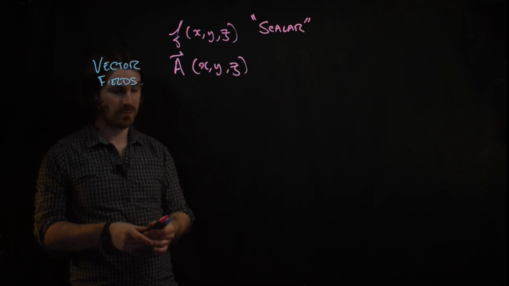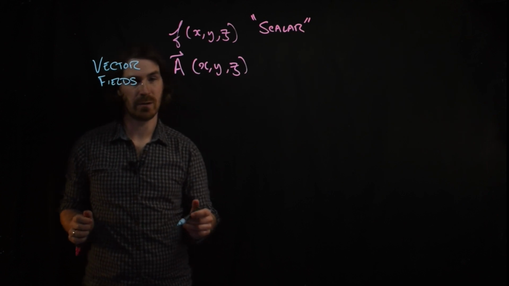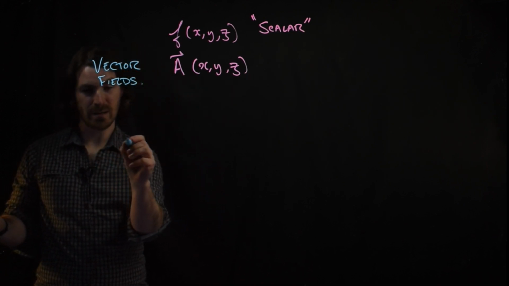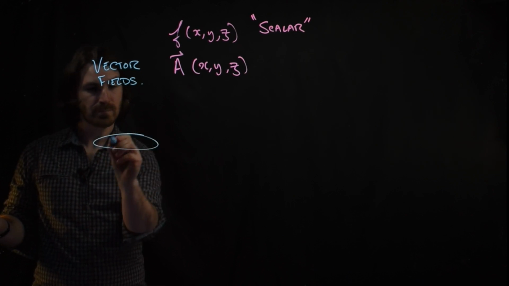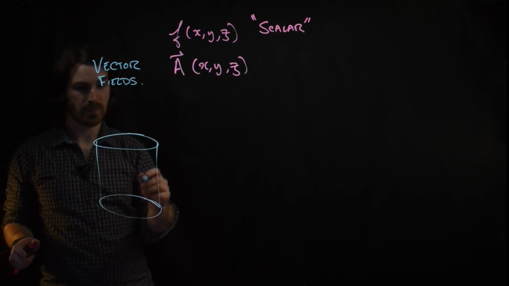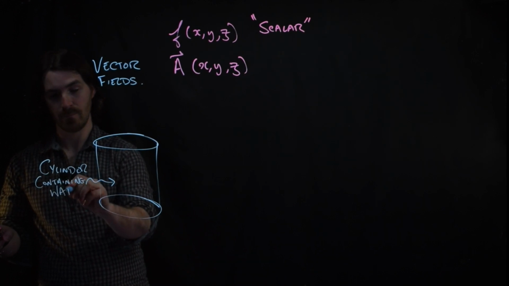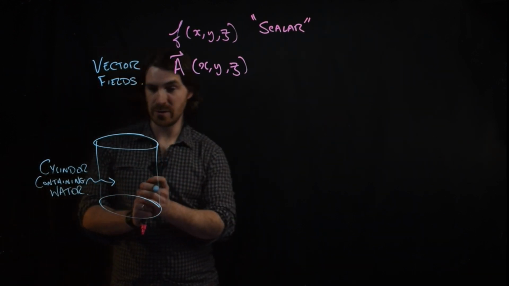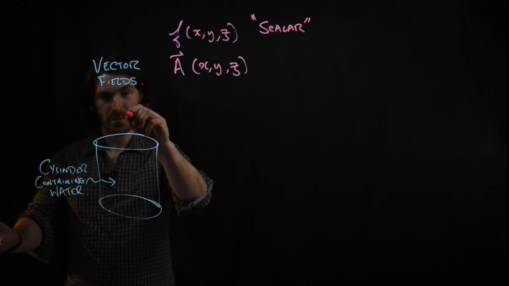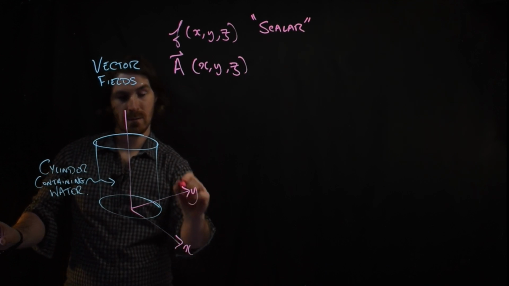these vector functions. So one example we can think about is a cylinder of water. So here's our cylinder, and this cylinder is containing water. What I'm going to do is, well, let me first draw an axis. So let's have an x, a y, and a z axis.